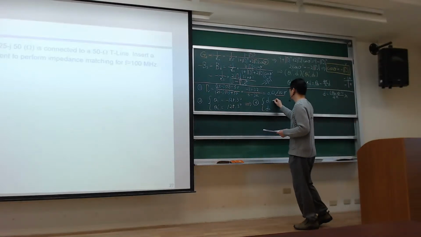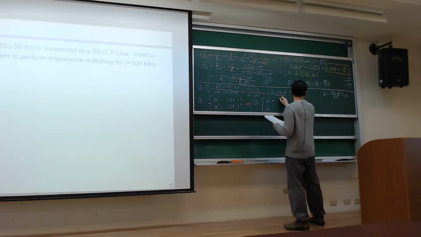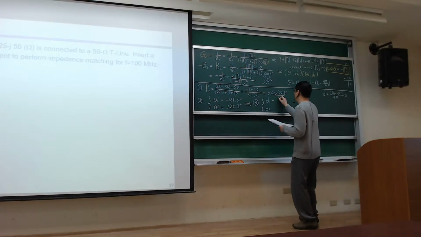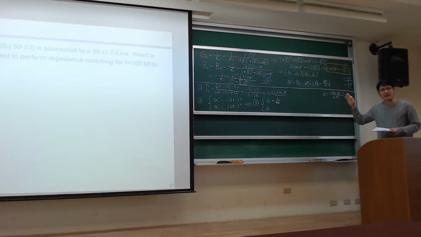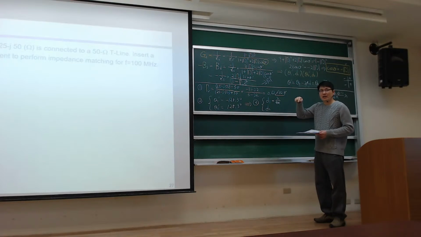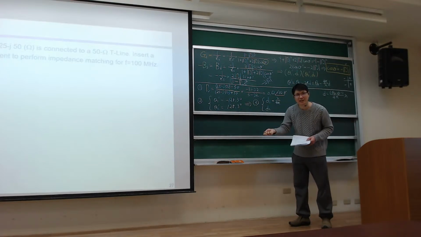So d1 is, in this case, wait. Yeah, that's right. Lambda divided by 4 pi. This is somewhere you have to pay attention to. Usually from the calculators, we have the angles in degrees.